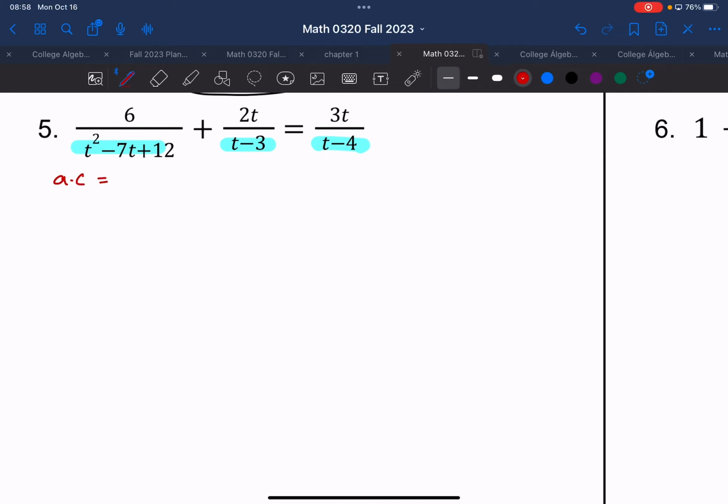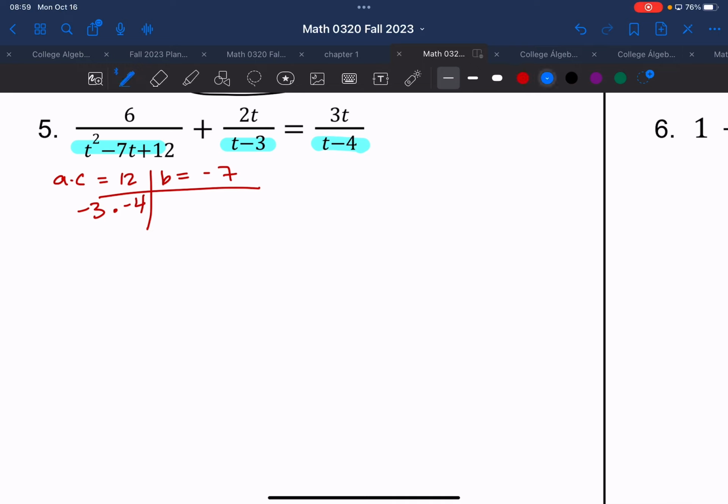So our A times C is what? And our B value is -7. So we need two numbers that multiply to 12 but add to -7. Good. -3 times -4 gives us a +12.